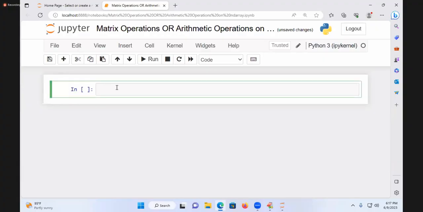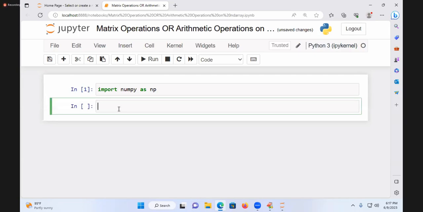What are these operations? Matrix operations, I'm going to do it. So there I'm going to take up, students: import numpy as np.